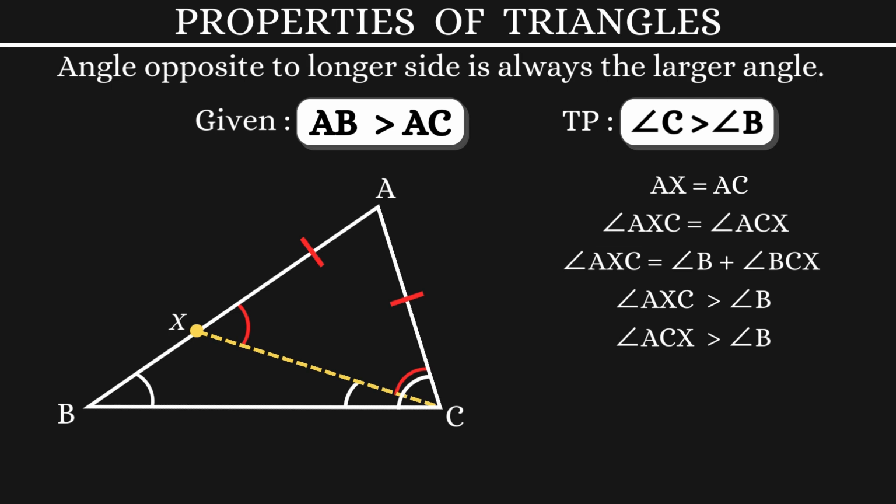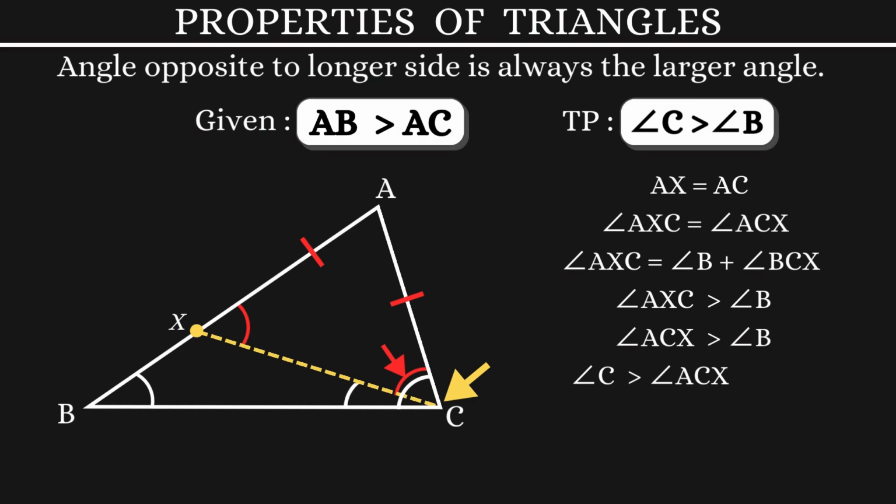Now, let's consider the angle at point C. We can say that angle C is larger than angle ACX.